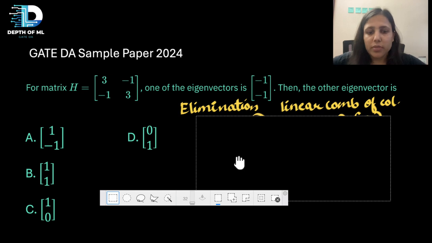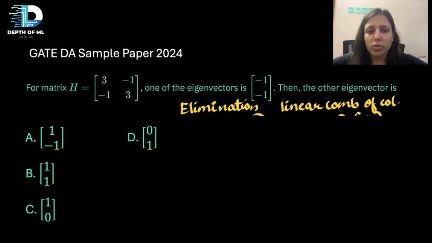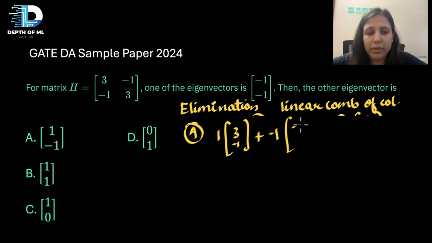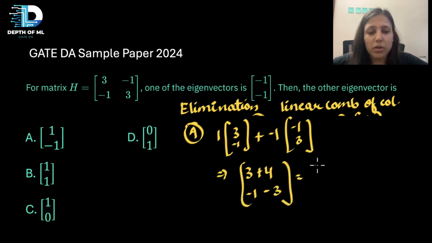Fine. So let me just start with this and find the solution. I'm going to multiply H with every vector and see what I'm getting. So I will multiply the first option, which is 1 times (3, -1) plus -1 times (-1, 3). So this is 3 plus 1, which is 4, and -1 minus 3, which is -4.